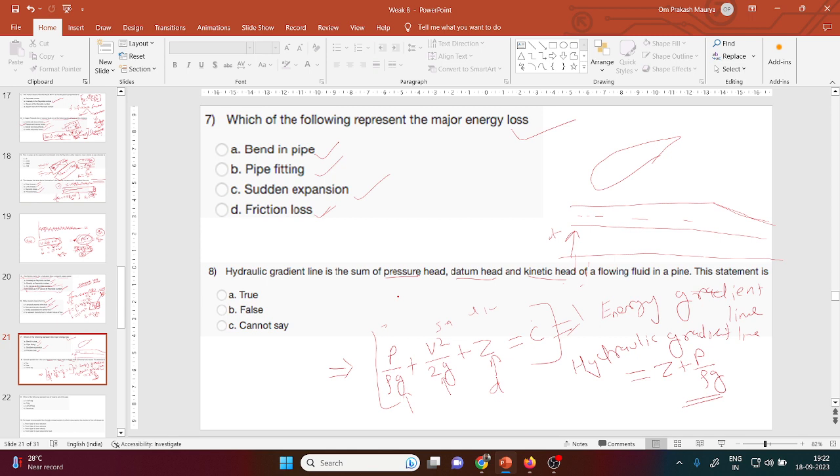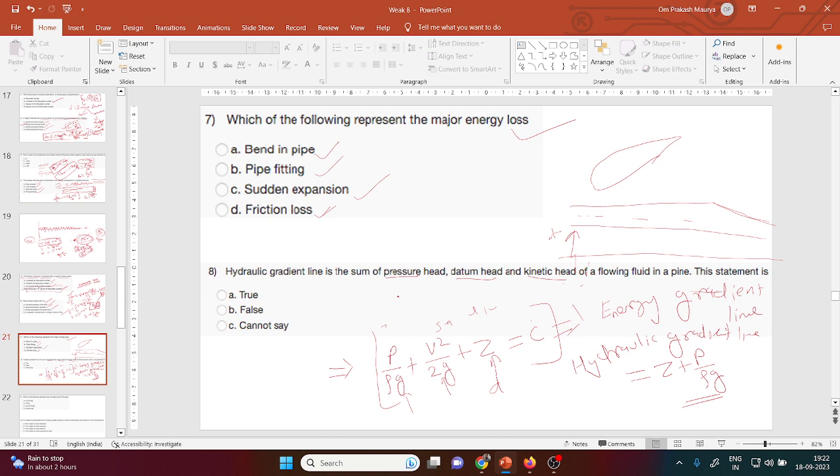Actually, they have given the answer in the response sheet. In the options they have given, datum head is given first. Definitely, if you are going to measure from datum, the first is the datum. The second option is static head, the third is velocity head, and the final is friction head.